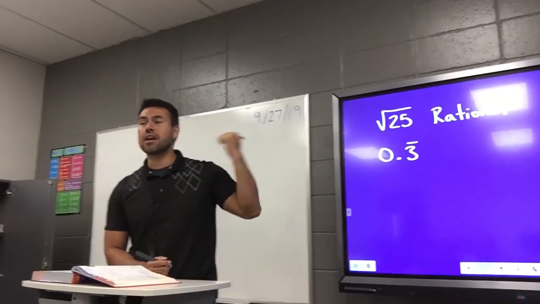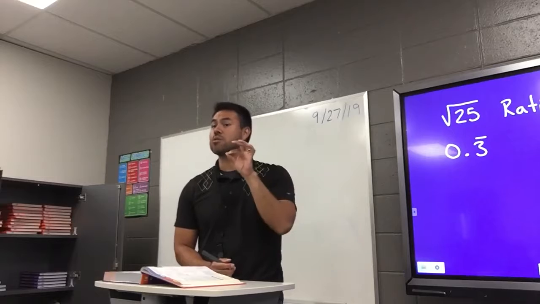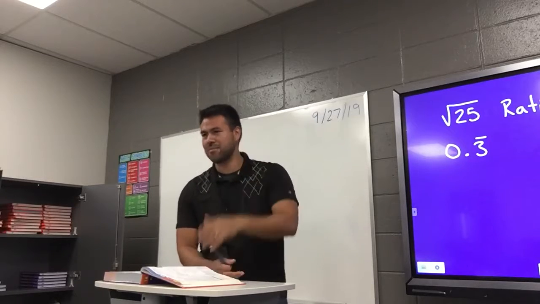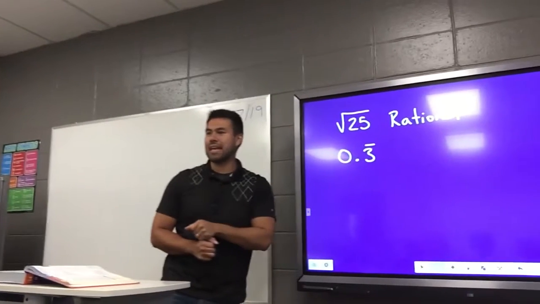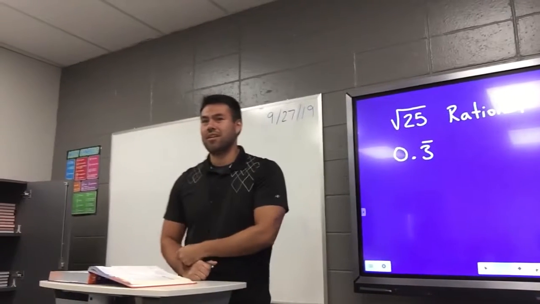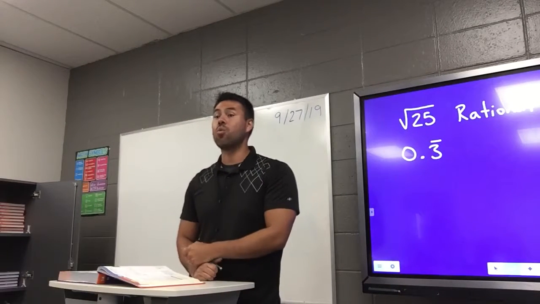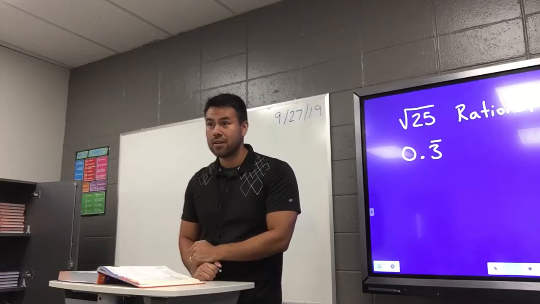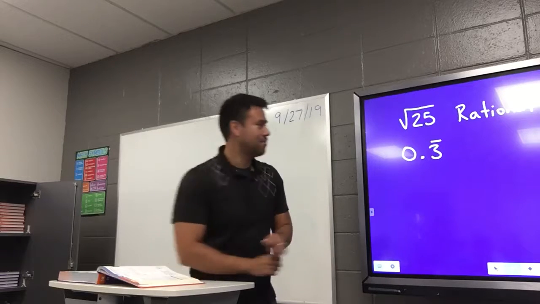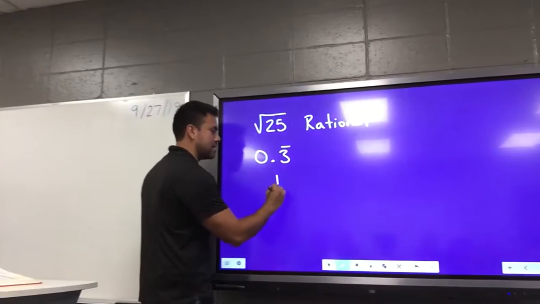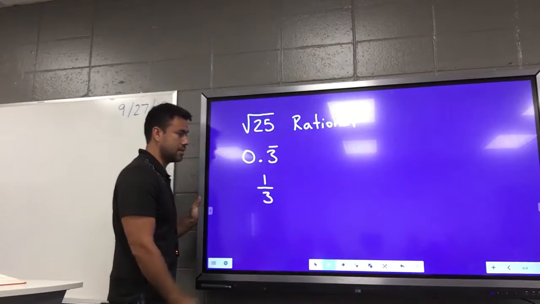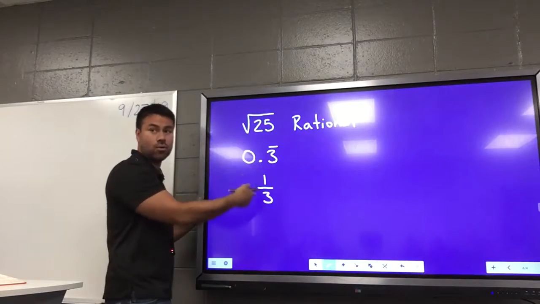This actually is a common decimal that you should, by now, start memorizing. 0.3 repeating is actually a fraction of integers. It's 1/3. Do you remember that? Okay, ready? So you can write this down, 1/3. They're exactly equal.